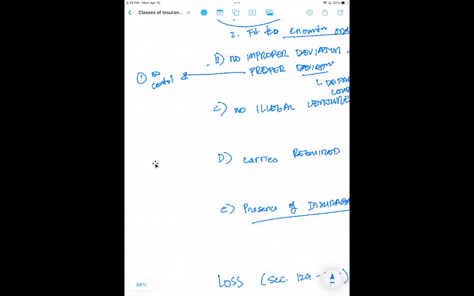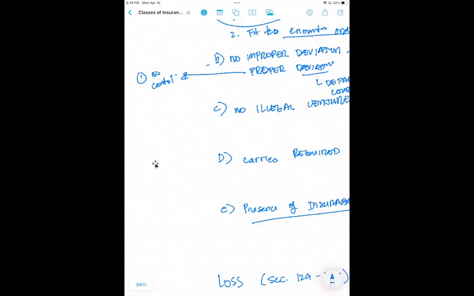Yung mga mythology about travel from one port to another, tapos kung saan sila napunta, right? So if really it was done without the control, let's say for example may malakas na bagyong dumating such that yung barko napunta sa hindi niya dapat puntahan, then that is not an improper deviation.